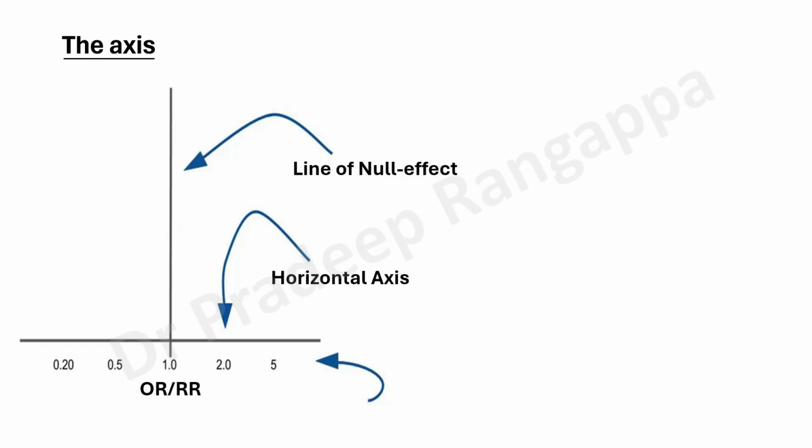The data may be represented as an odds ratio, or a hazard ratio, or a relative risk, or there can be representation of absolute risk reduction, or a standardized mean difference. These are some of the statistical tools that are expressed on the x-axis, and the y-axis is the line of null effect.